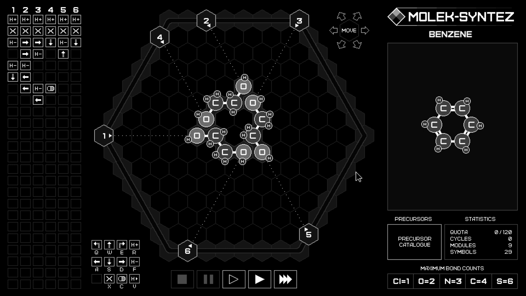Now, as you can see on your screen here, I decided to start with benzene because it's the most important one and frankly the one that I need to manufacture the most, according to my calculations here on what I need to produce for my quota. So, benzene out of ethylene glycol is a relatively simple synthesis.